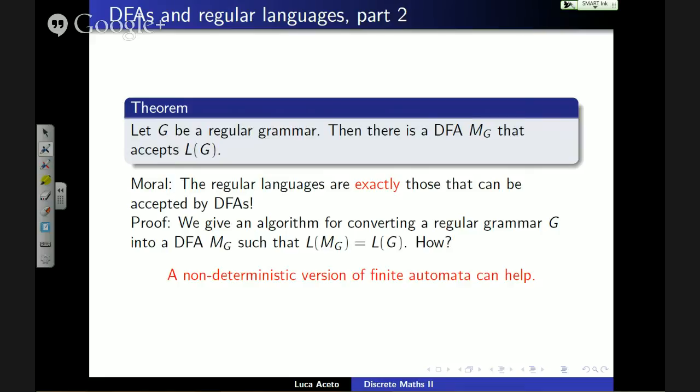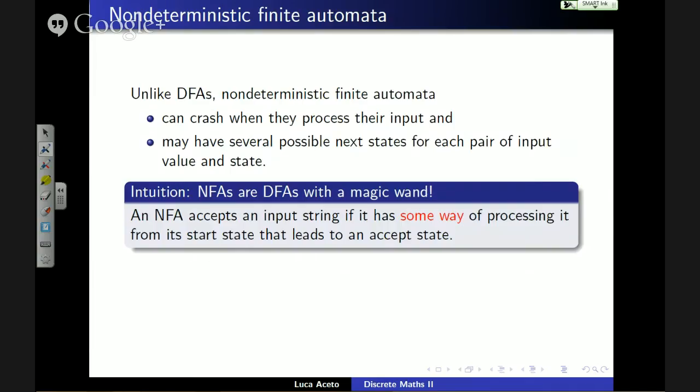Now, what is a non-deterministic finite automaton? A deterministic finite automaton is one where at each point, in each state, if you read your next input symbol, you will always be able to do so successfully, and there is exactly one state that you can reach by doing so. How about non-determinism?